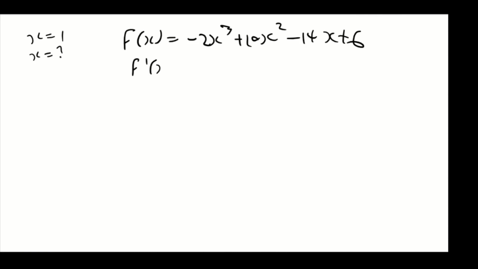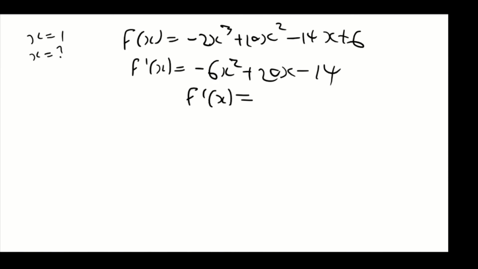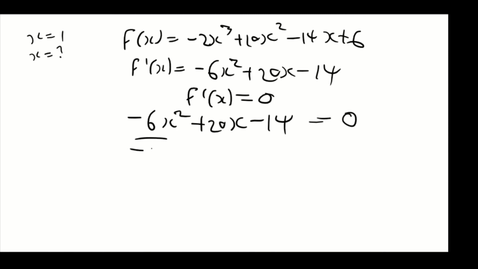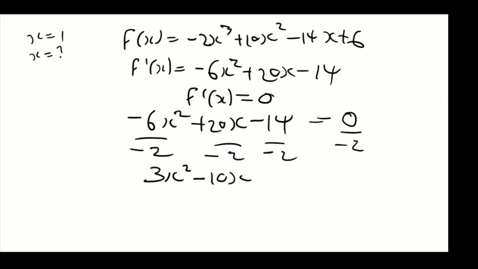So we need to identify that turning point that is unknown. So we first find the first derivative, which is minus 6x squared plus 20x minus 14. Then we equate the derivative to 0. So if minus 6x squared plus 20x minus 14 equals 0, then we divide by minus 2 on all sides, and we're going to have 3x squared minus 10x plus 7 equals 0.